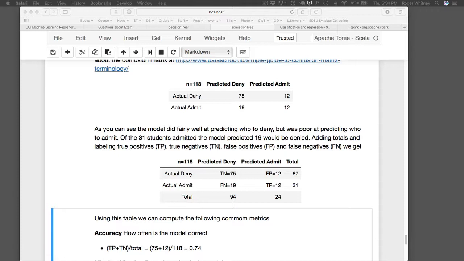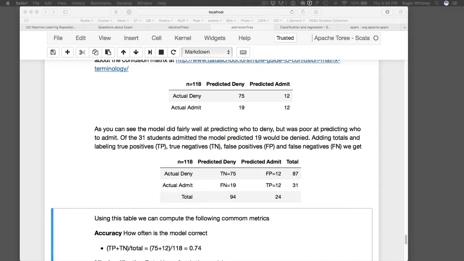And typically you look at 4 different categories. One is, well, you denied them. How many people did the model predict that they would deny in your test set? And how many people were actually denied, but the model said they'd admit. And then you do the same thing with the yeses.